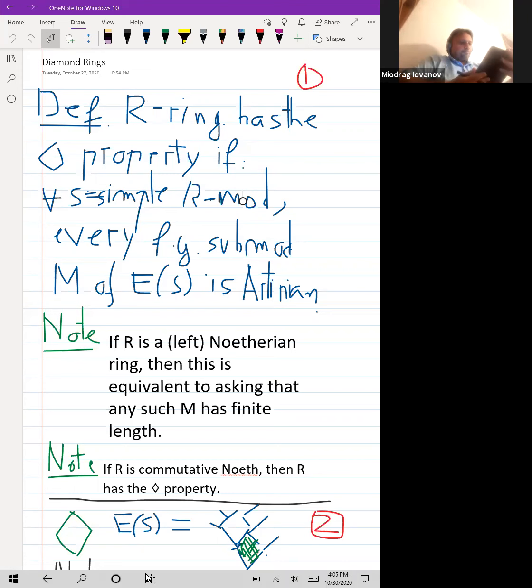So I'm going to talk about this title here, diamond rings, just because it sounds kind of catchy, but it's really the name of a property that exists, and I'm going to try to explain what it is.